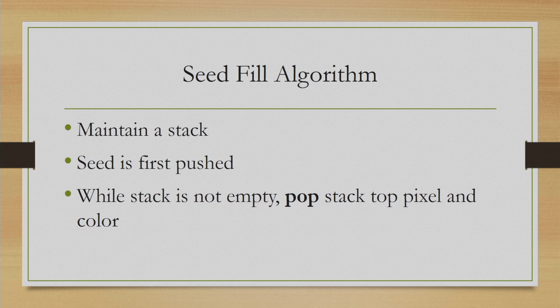So, the basic idea is simple. We maintain a stack. The seed pixel is first pushed into the stack and then a loop is executed till the stack is not empty. Now, in each step we pop the stack top pixel and assign the desired color to that pixel.